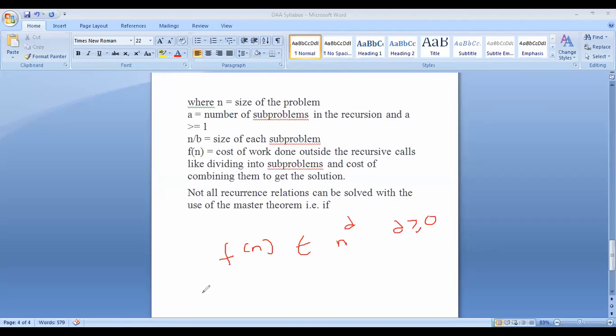In the recurrence, we already know the formula: T of n equals a T of n by b plus the time required to divide the problem and combine, that is f of n. So if you move on to this one.